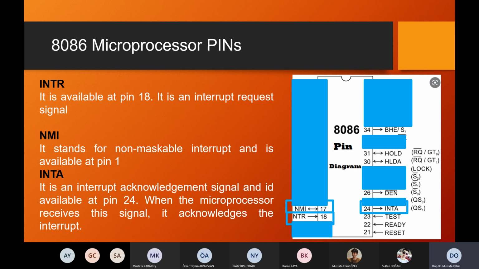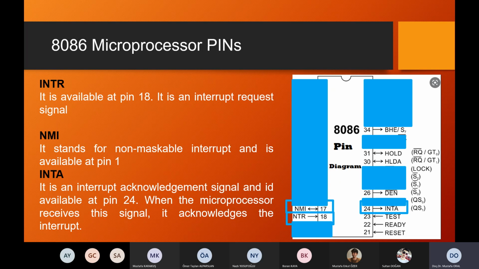Even though you don't know yet, there are flags that control the whole operations in the microprocessor. Flags are one-bit information, and through those one-bit informations, you control things. For example, by using the direction flag, you can control the reading direction of a string, either from beginning to end or from end to beginning.